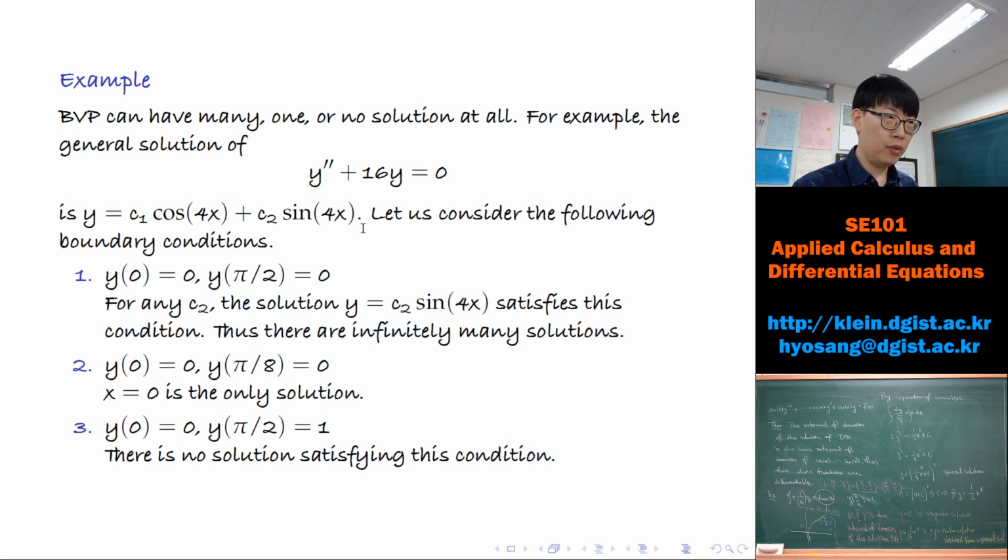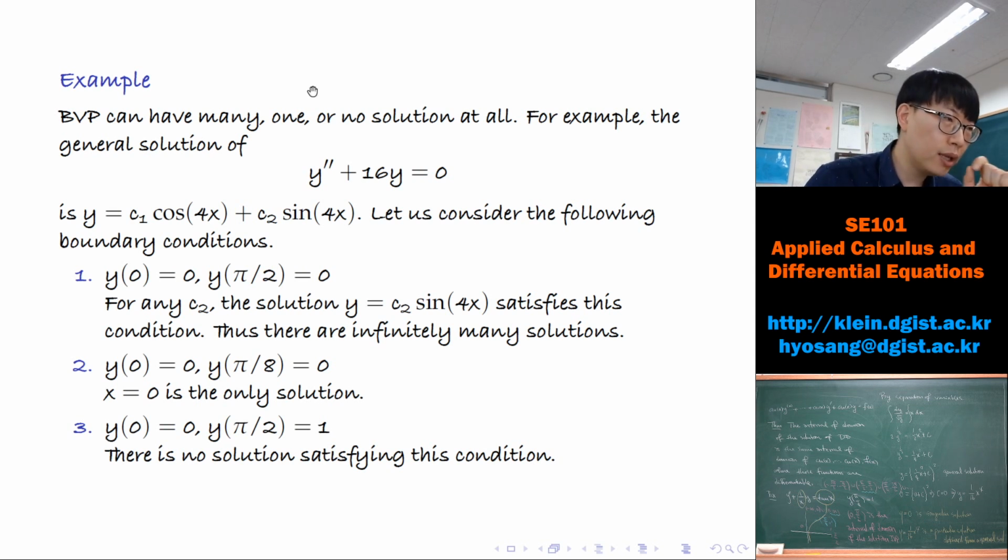A boundary value problem can have no solution. For example, let's look at this one. Y double prime plus 16y has a general solution, C1 times cosine 4x plus C2 times sine 4x. If you plug this into the differential equation, you can check that the left-hand side identically becomes 0.